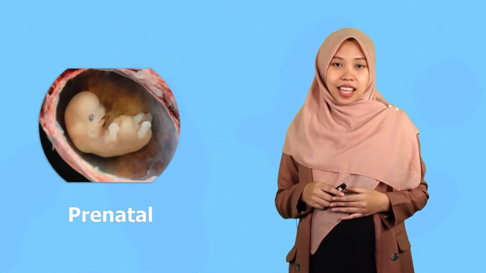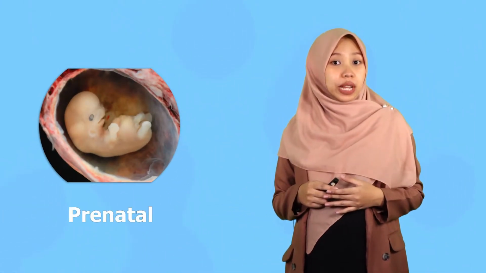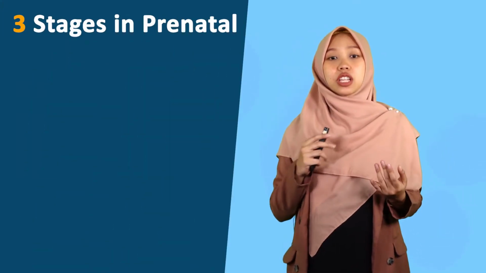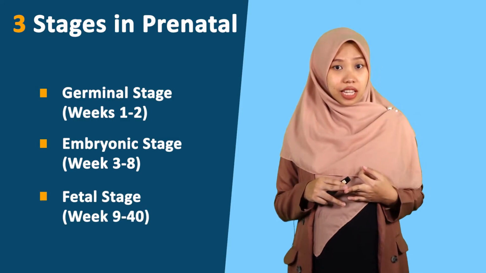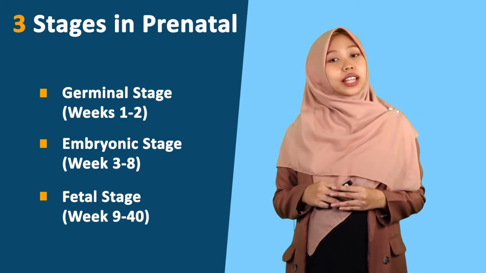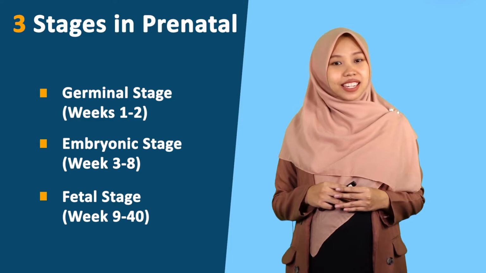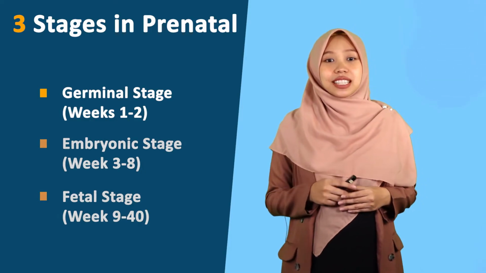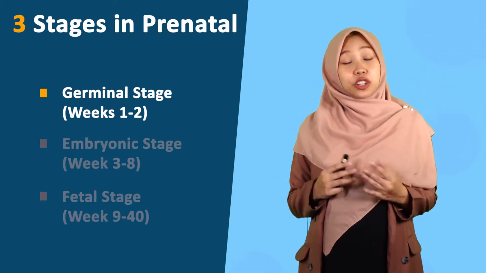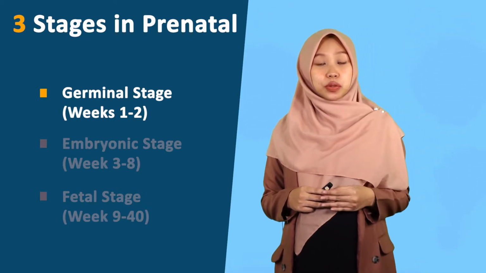So the first stage is called prenatal. There are 3 stages of prenatal development. The first is germinal stage, and then embryonic stage, and fetal stage. Now let's take a look at what happens to the developing baby in each of the stages below. So first, the germinal stage in week 1 to 2.